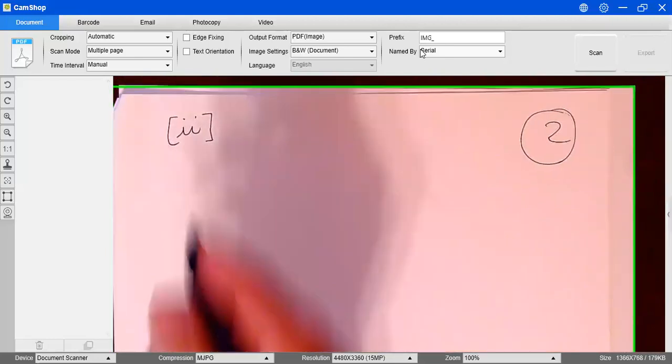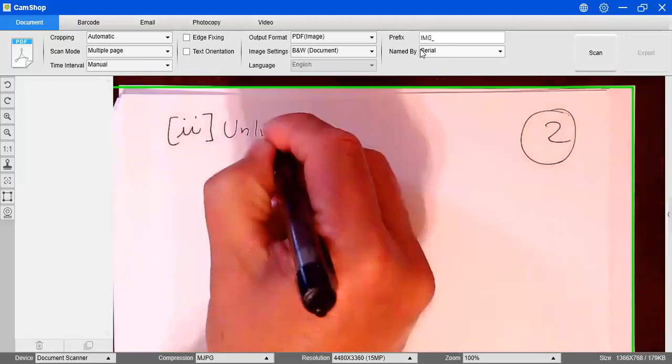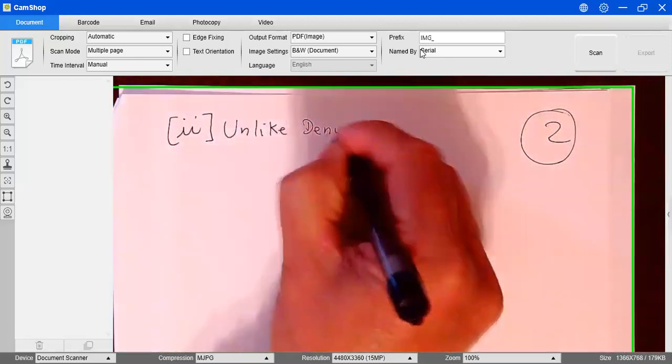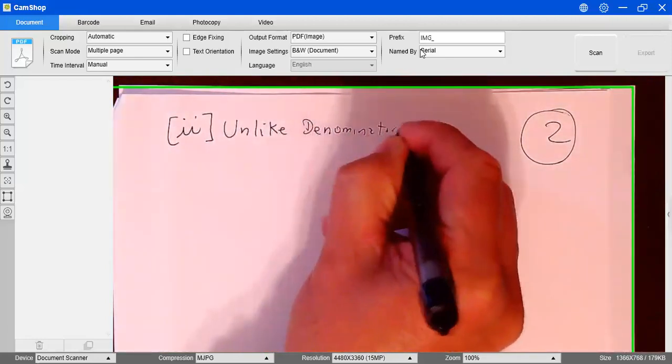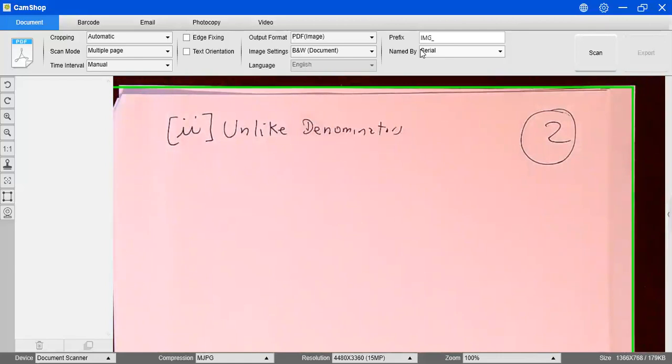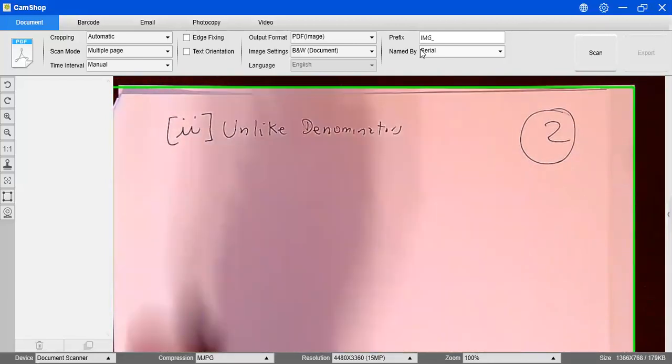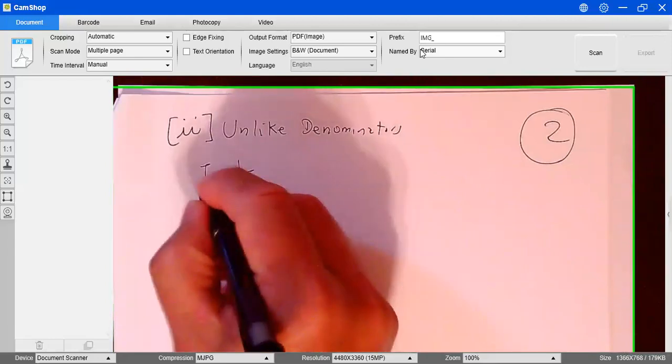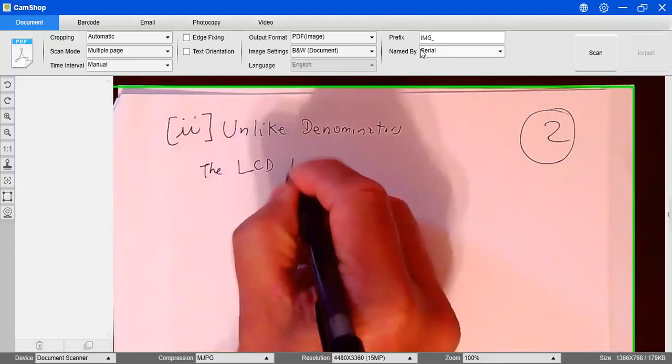So this is gonna be the case when you have unlike denominators. So when you have different denominators, you might have learned in school the bow tie method. We're not going to use that method now. We're gonna use just the LCD method.